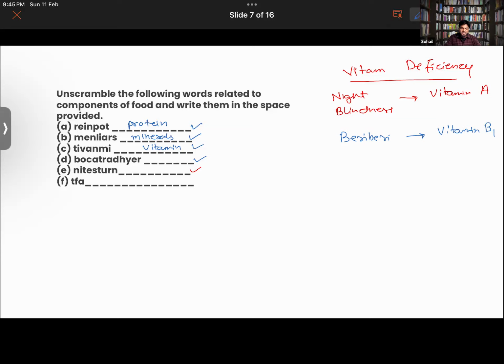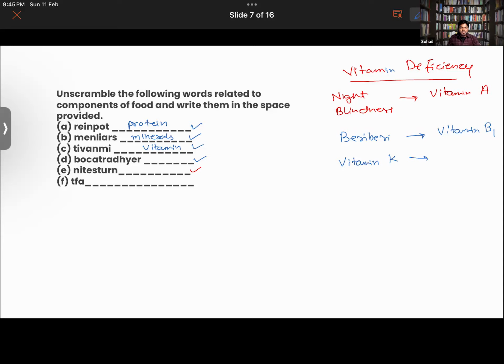So like this, there are certain type of vitamins which are playing a very important role in our body. Similarly, if the body does not have a sufficient quantity of vitamin K, the blood will not be clotting. So if there's a cut, blood will keep on oozing out from that wound.